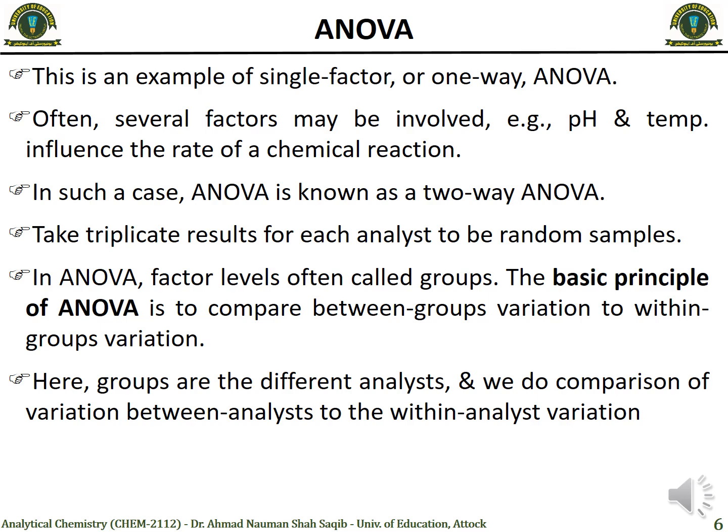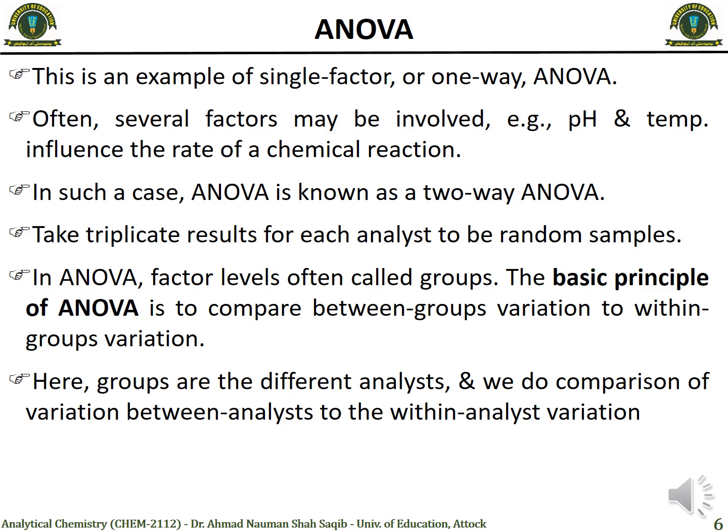So what is the basic principle of ANOVA we are applying here? The basic principle of ANOVA is to compare the variation between groups and within the group. In this example, what we will do in ANOVA is study how much the difference is between the 3 values determined by one analyst, and then the second. This is the variation within the group.